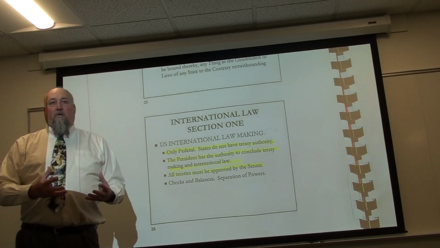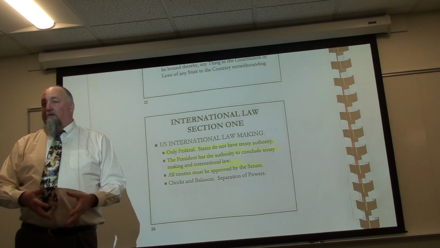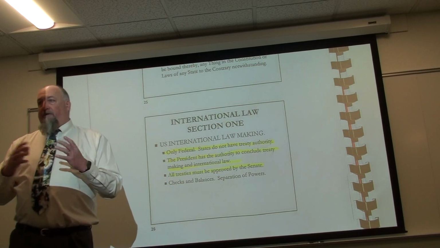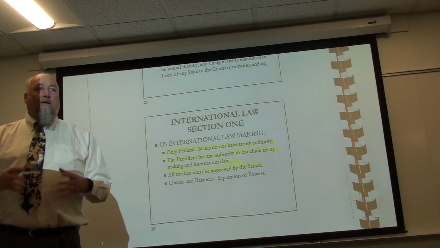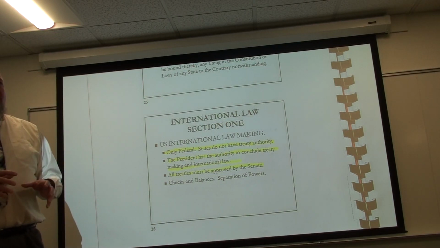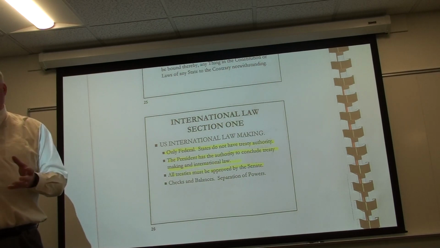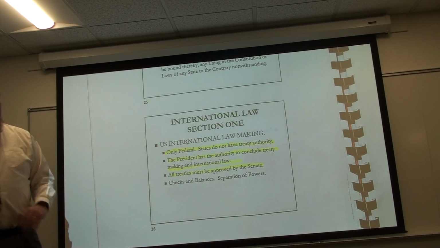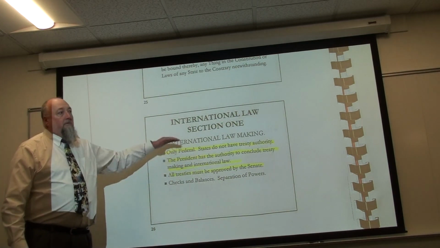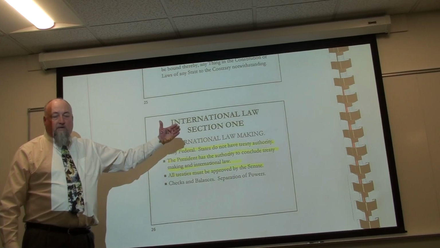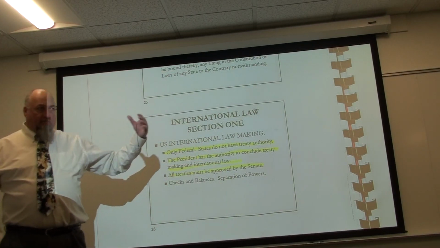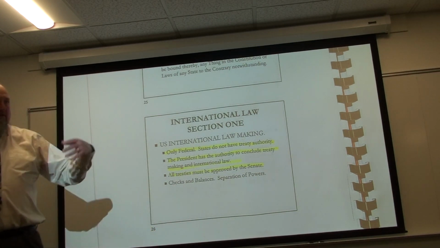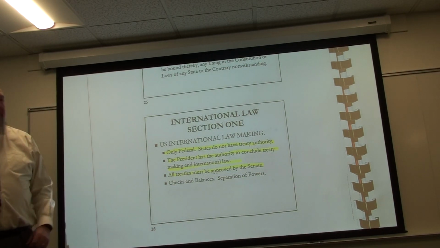Each state has its own ability to make law within that state, but they cannot make law internationally. So the federal form of government in international law is the federal government itself. Now there may be exceptions to that here and there, but it would have to be agreed to by the federal government. So in the US, only the federal government, that is the government of the United States of America through the president, can make international law. If a state enters into a treaty, it's invalid, basically.